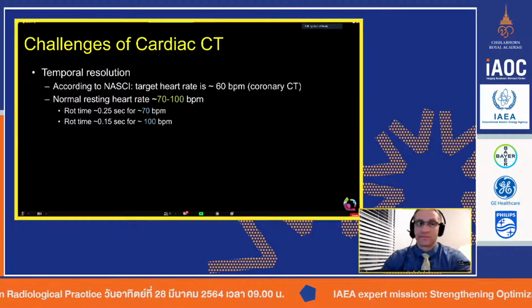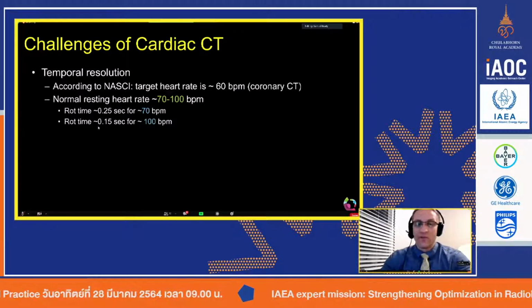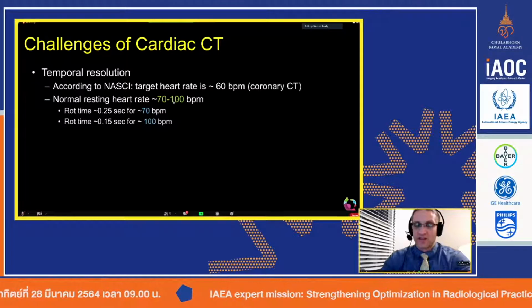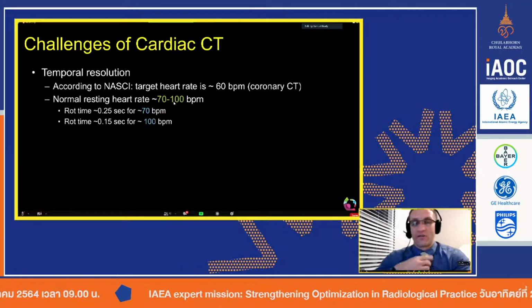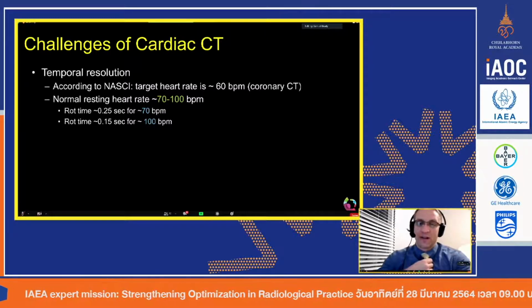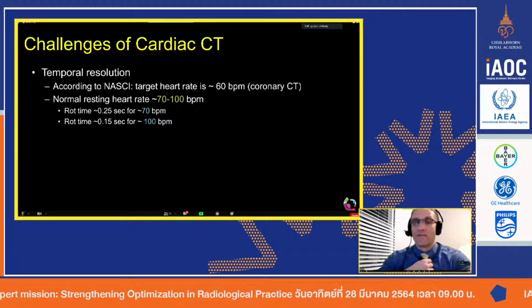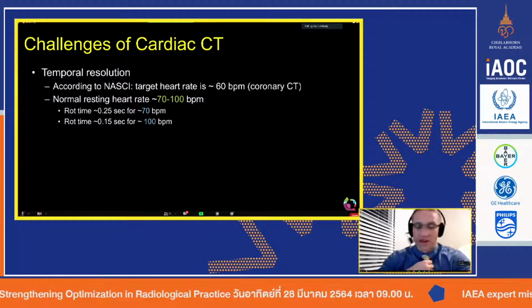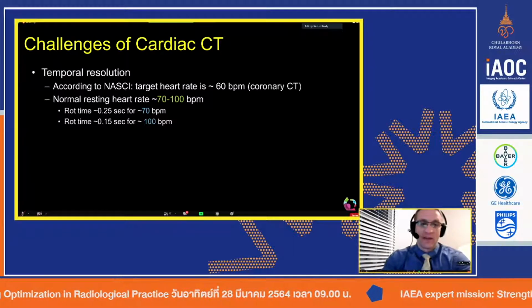That's a good thing. Now, if you want to image that same patient and their heart's racing at 100 beats per minute, your rotation time would actually have to be about 0.15 seconds, and there is not a CT scanner on the market that can do that.